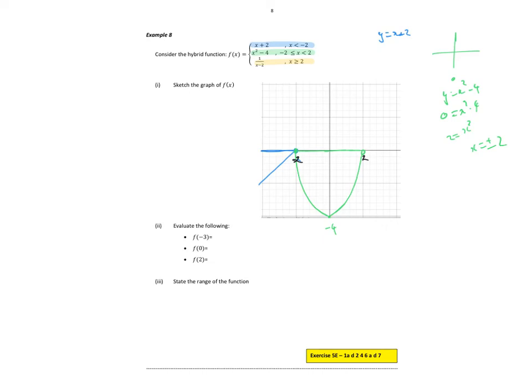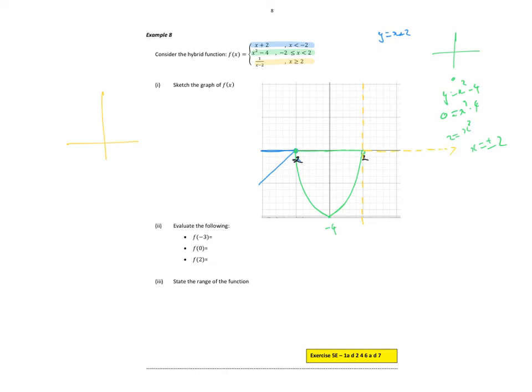And then we have a hyperbola for x is greater than or equal to 2. So what does the hyperbola look like? This one here has a vertical asymptote at x equal to 2. It hasn't been shifted up or down at all. I know I've got a horizontal asymptote.